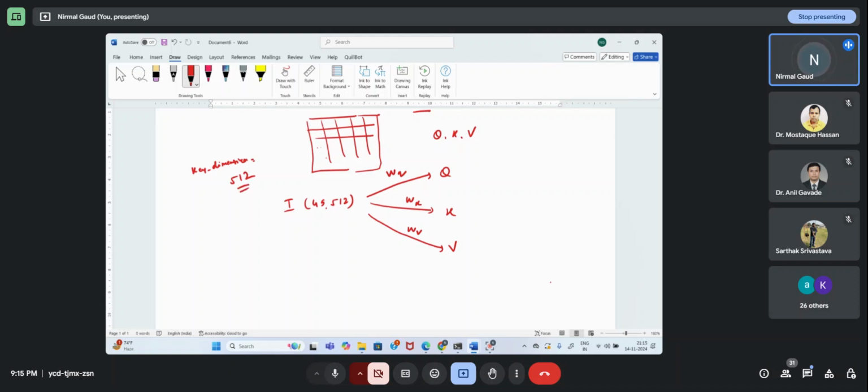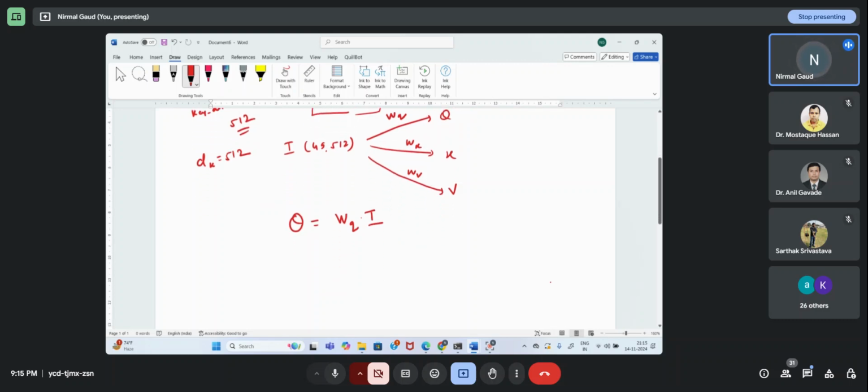So dk is equal to 512. I need to make Q. Q can only be made if I multiply weight with I, that is the dot product with I. Then only it will be made.